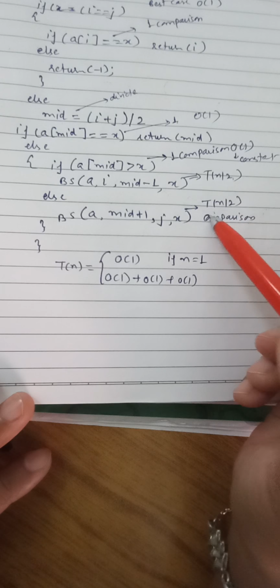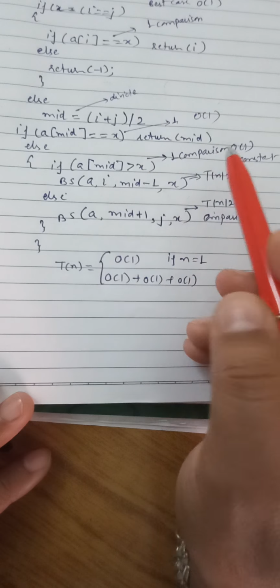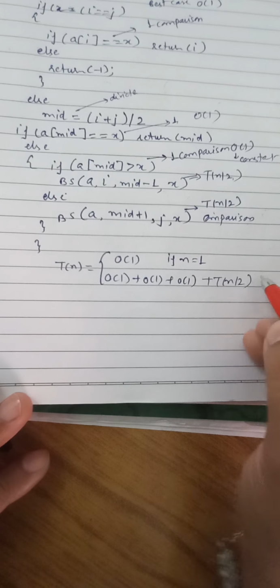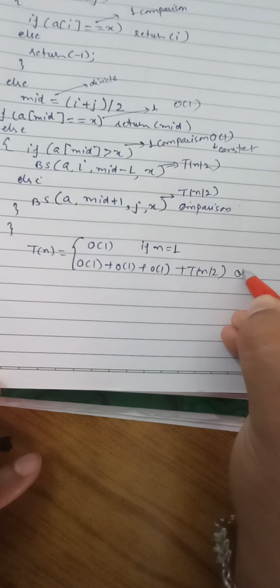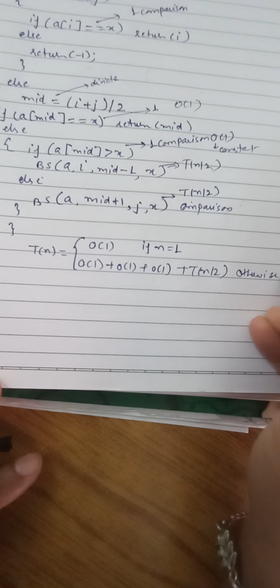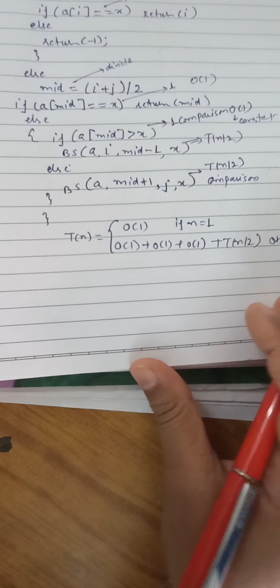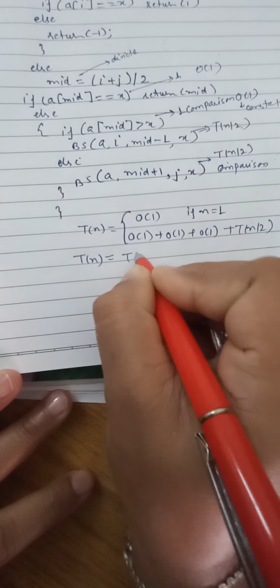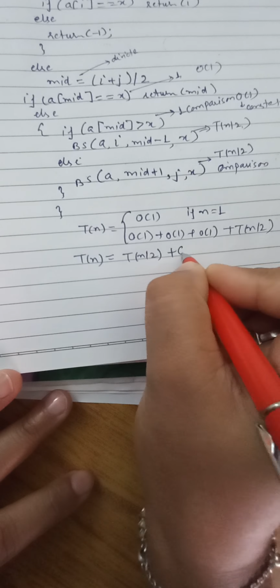But both will not function, since else is there, so only one will work. So plus T(n/2) otherwise. So we can simply say T(n) is equal to T(n/2) plus c.